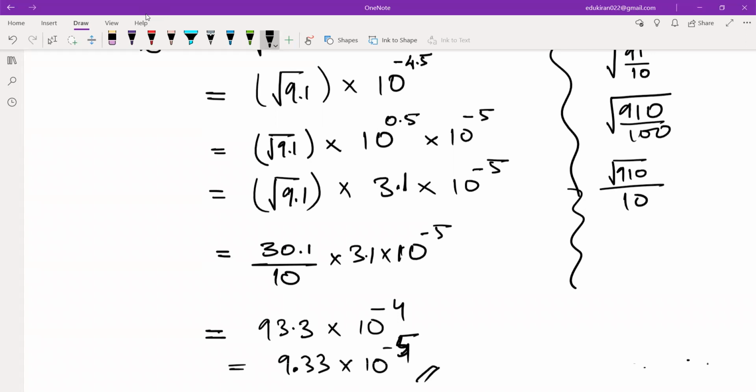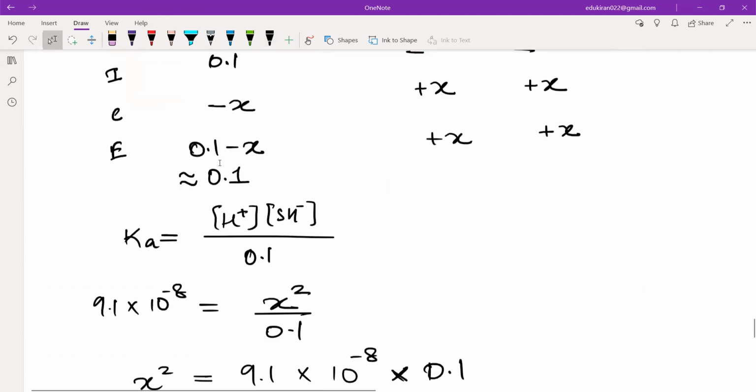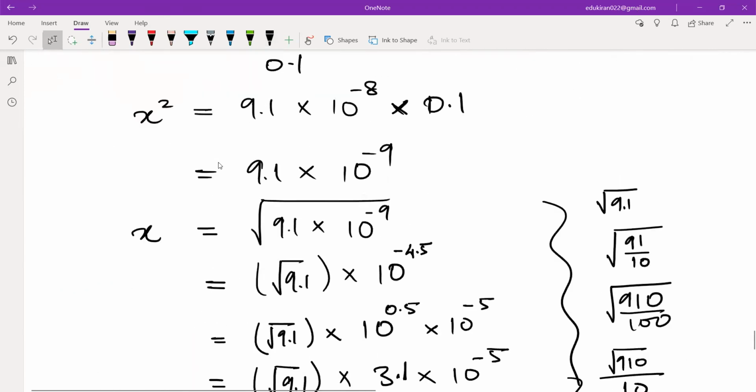Done, guys? So this is the x that we have got. That is the concentration of H positive.